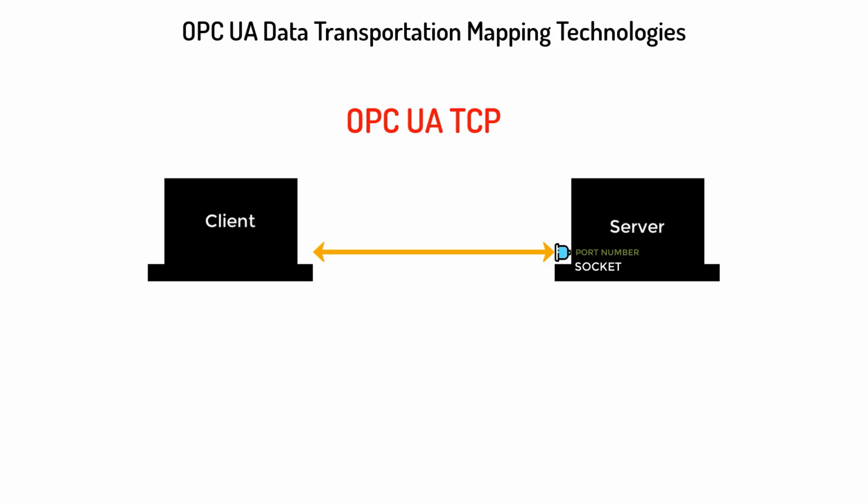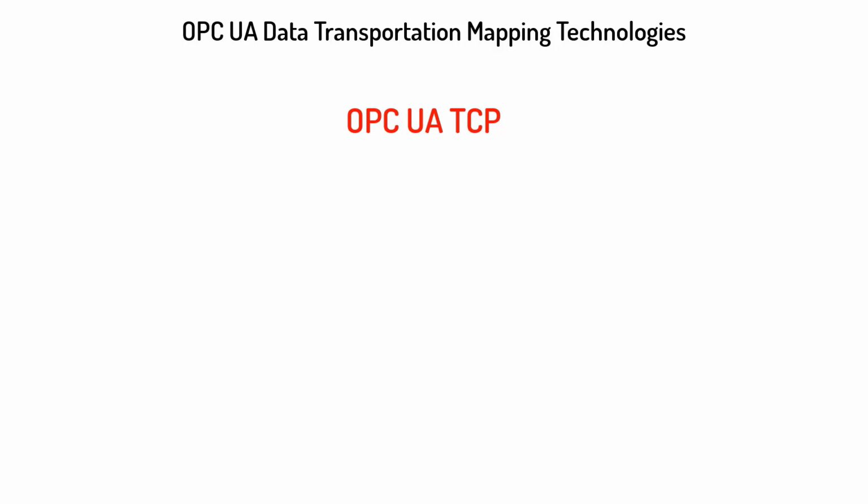Now in UA TCP, a socket is typically bound to port number 4840 or 4843, and therefore for an OPC UA client to reach an OPC UA server's connection endpoint using the UA TCP protocol, it uses a URL scheme that begins with opc.tcp, followed by the server's IP address or hostname, and ends with the port number. In a nutshell, UA TCP has all the attributes of TCP, with the major difference being that the UA TCP message packets are optimized for size, and they are also transported securely.